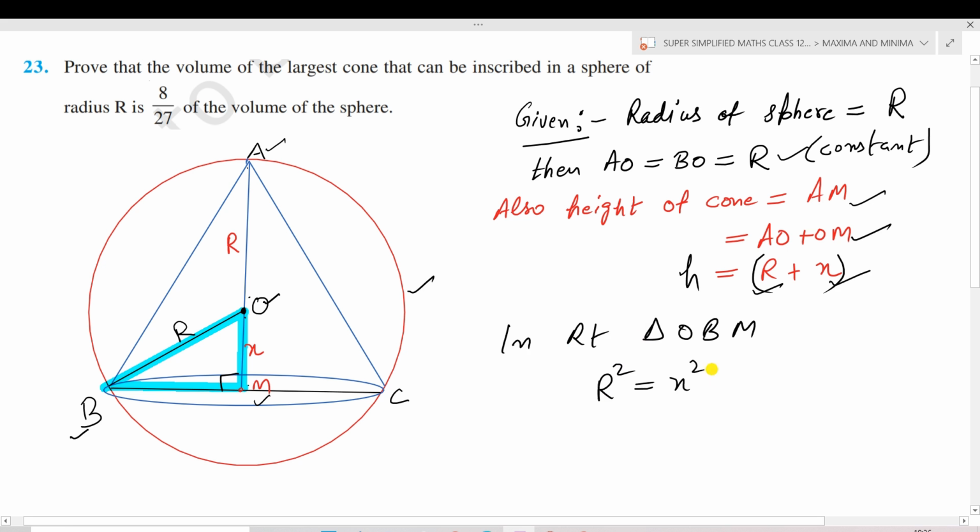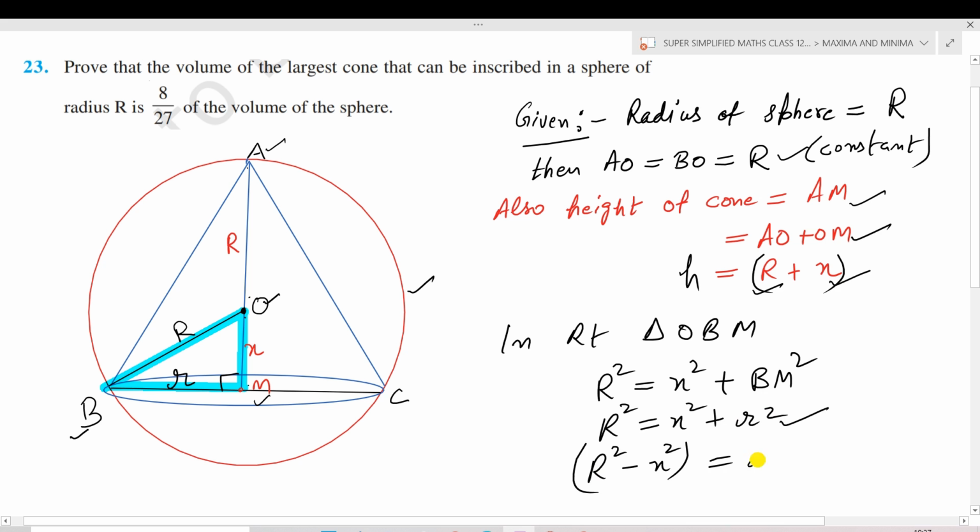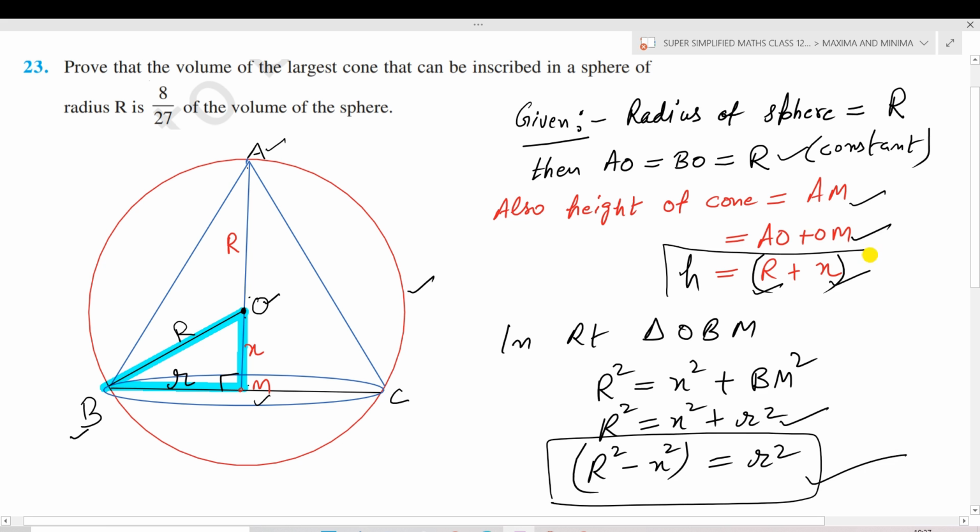So we have R square is x square plus r square, where the small r represents the radius of the cone, which gives r square equal to R square minus x square. So in this box you can see we have found r in terms of x, and in this box we have found the height of the cone in terms of x. So the radius and height of the cone, both we have found in terms of x and the constant quantity R.